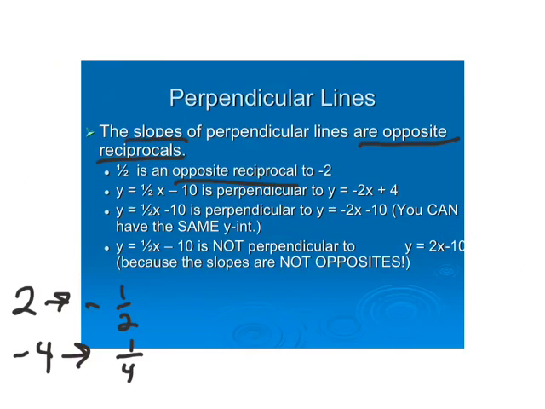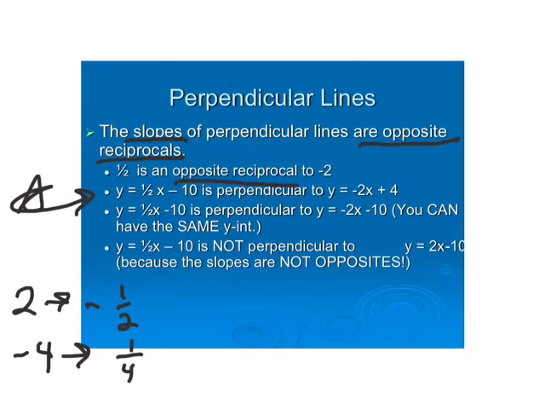So the example that we have here, once again, I would put this one down into your notes, and that is that y equals 1/2 x minus 10 is perpendicular to y equals negative 2x plus 4. You can have the same y-intercept. With perpendicular lines, the y-intercept is not a big deal. It can be the same. But the slopes must be opposite reciprocals.